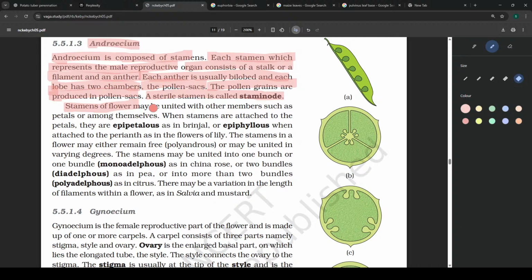Stamens of flowers may be united with other members such as petals or among themselves. Now we are going to learn another classification based on the arrangement of stamens. In one case, they may be united with other members, like petals.